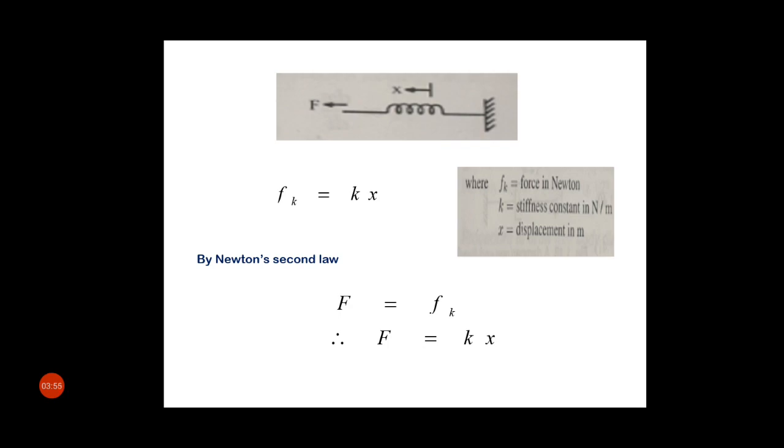By Newton's second law, the force, that means capital F, is equal to the restoring force, small f suffix k. So that's why this applied force capital F is equal to k into x.